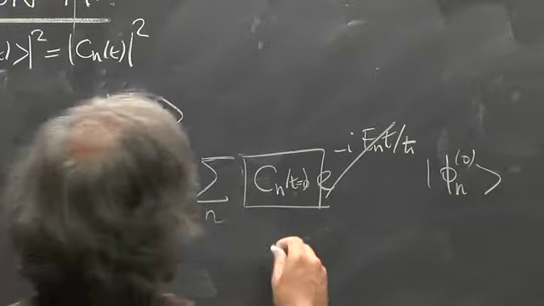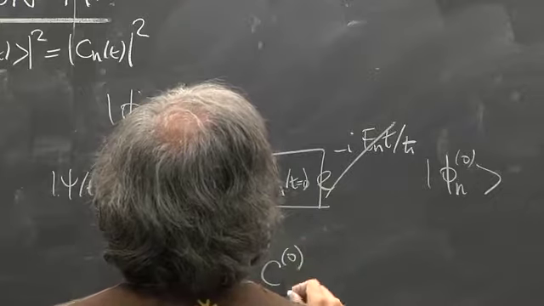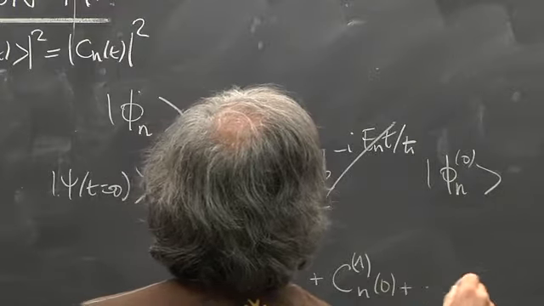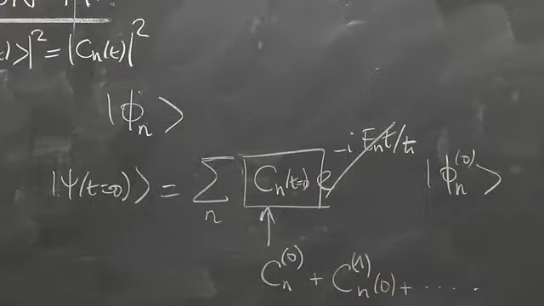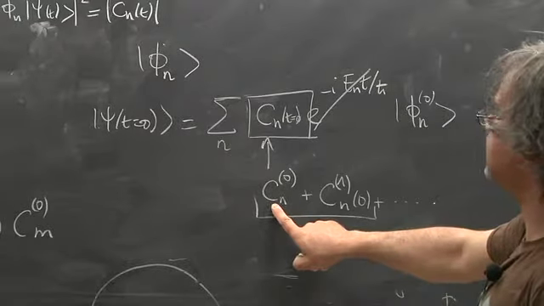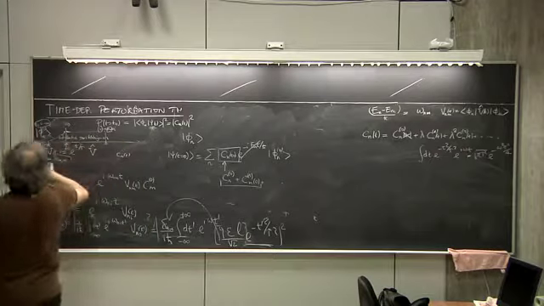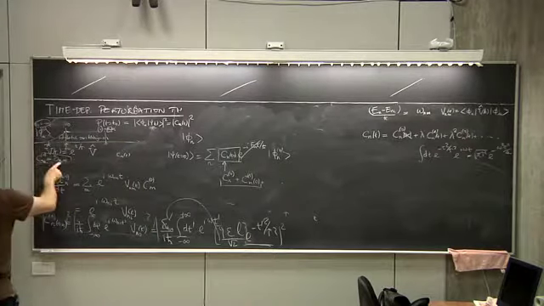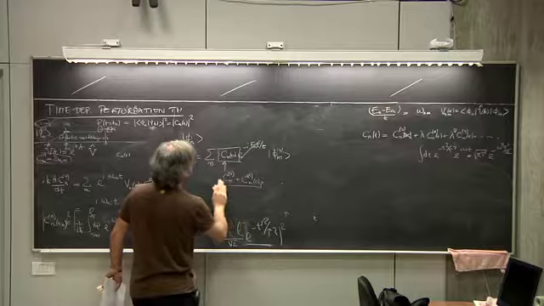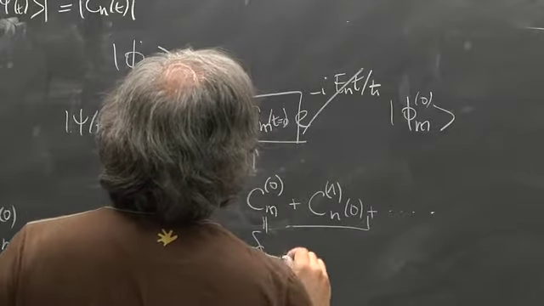Now this object is a C0 plus C1 plus other things. And I want to stop just at first order. So I just keep those two. So the first piece is simply, since the C0n is a delta, let me write it as sum over m. This is simply the delta of n and m.